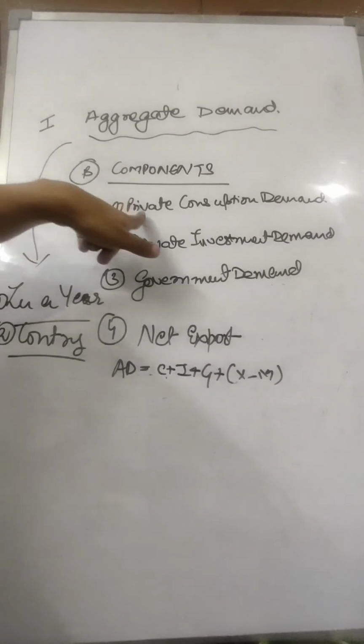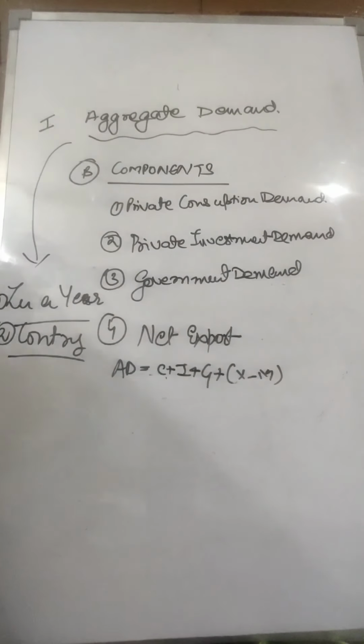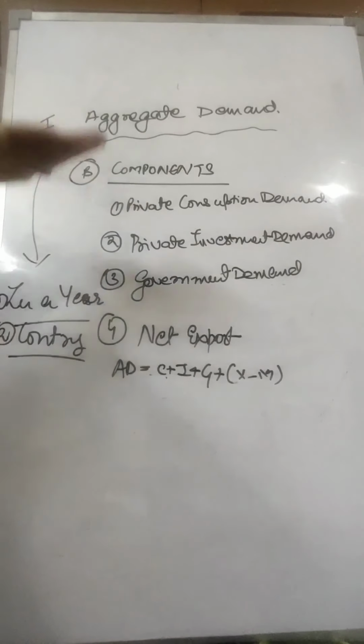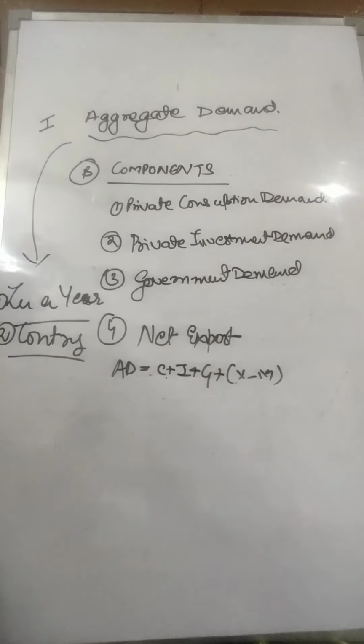So we are calculating private consumption demand with this. You can write down the definition: private consumption demand will refer to the demand of all the consumers for goods and services by the households of a country at a level of income during a year.